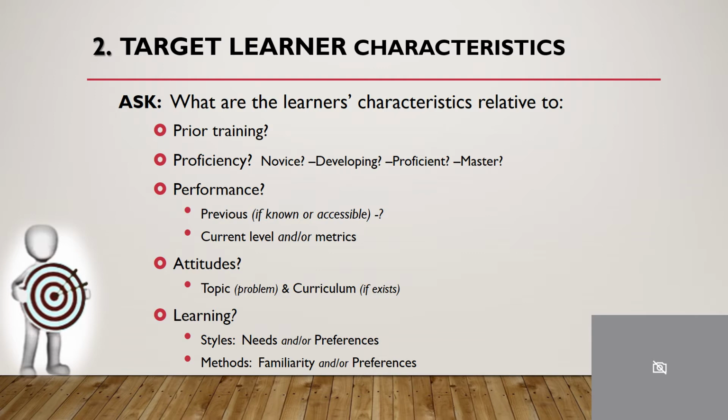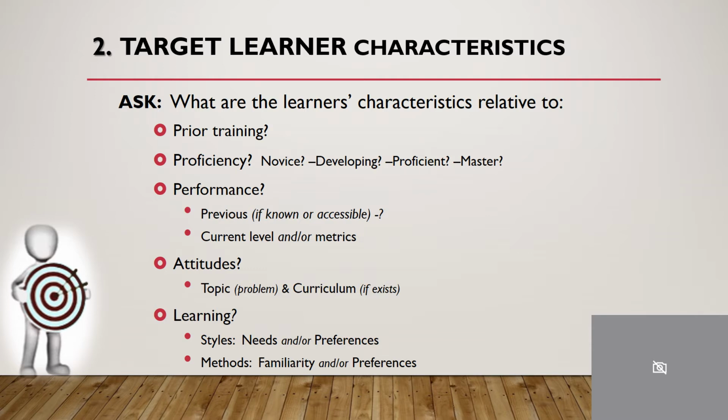So the second part of this is to identify the characteristics that define this group of learners that you've targeted. So you want to think about what is their prior training, if any. It could be extensive, like we've talked about in several scenarios and articles that were given as examples.